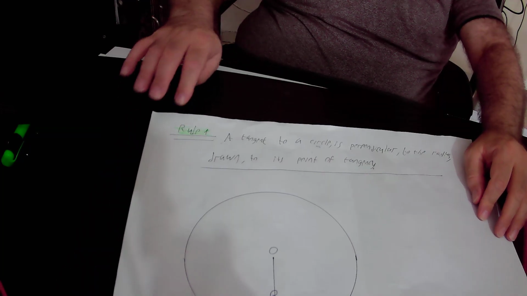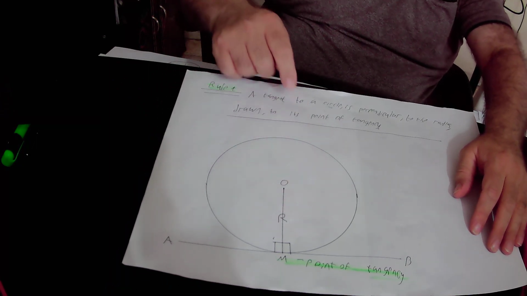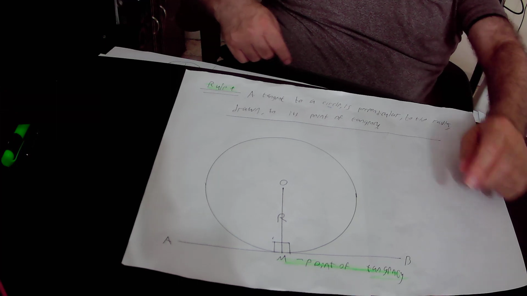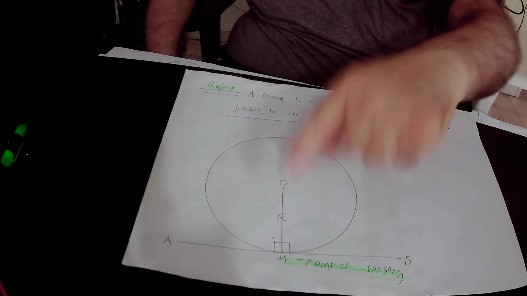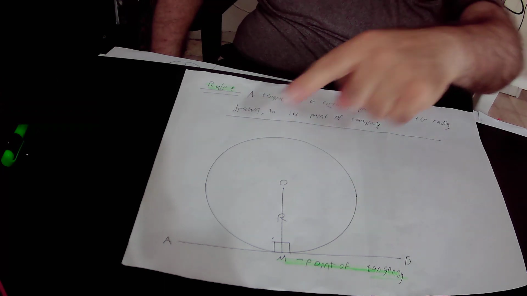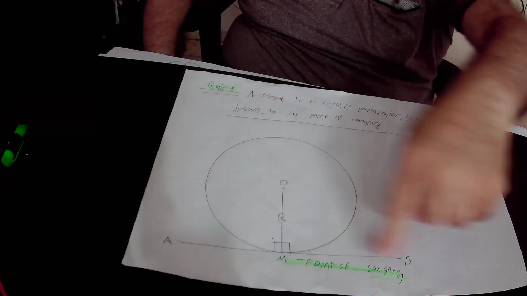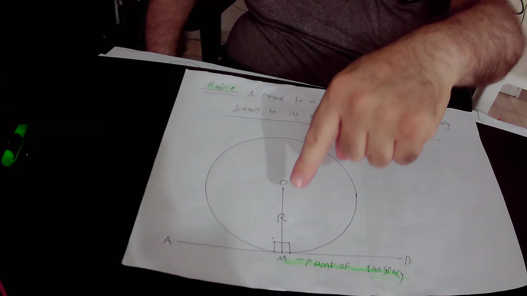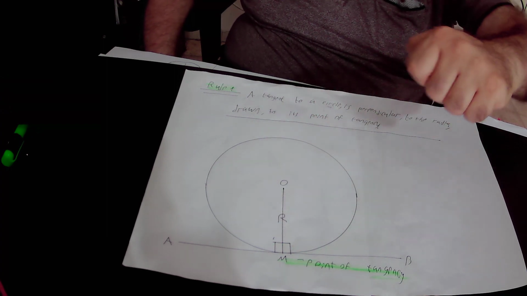So here, the radius OM is drawn to point M, the point of tangency of tangent AB with this circle. Whenever a radius is drawn to the point of tangency, the tangent AB is perpendicular to the radius MO. So if AB is perpendicular to MO, this angle equals 90 degrees and this angle also equals 90 degrees.